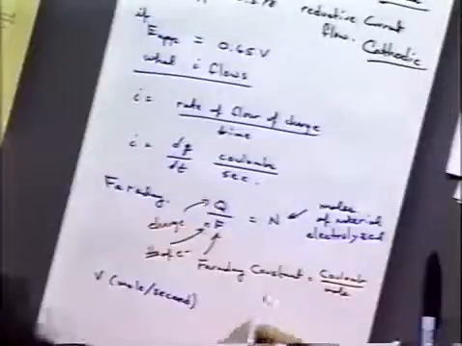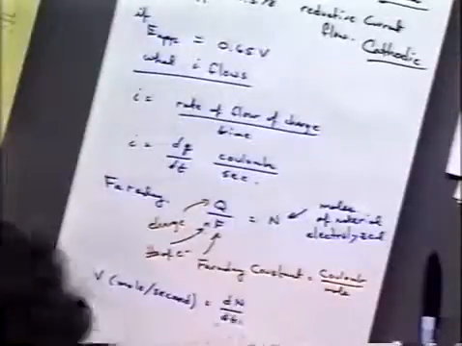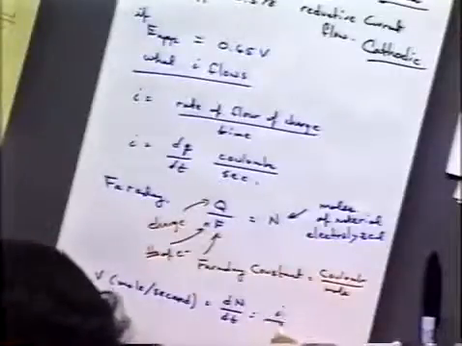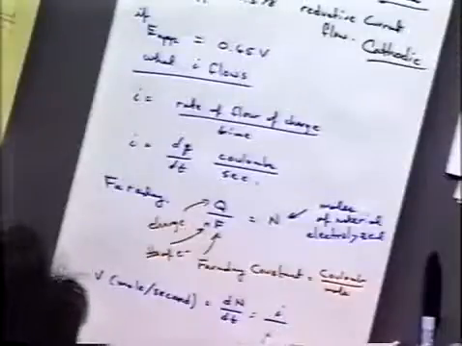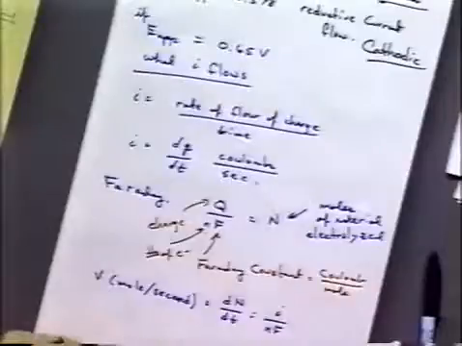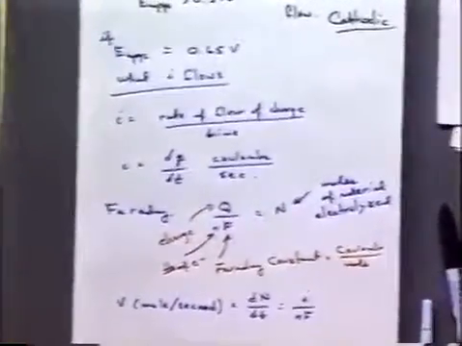That rate of the reaction is equal to the rate of change of the number of moles versus time, dN/dt, and that's equal to current over NF. I've skipped the derivation, but you can quickly arrive at that particular case. So the rate of the reaction is directly related to the current flow divided by NF. So just by monitoring current flow, we can get rates of chemical reaction and the rate of chemical change per second.